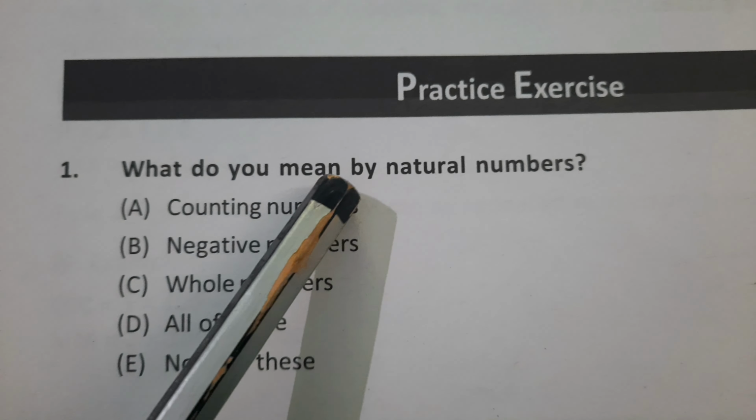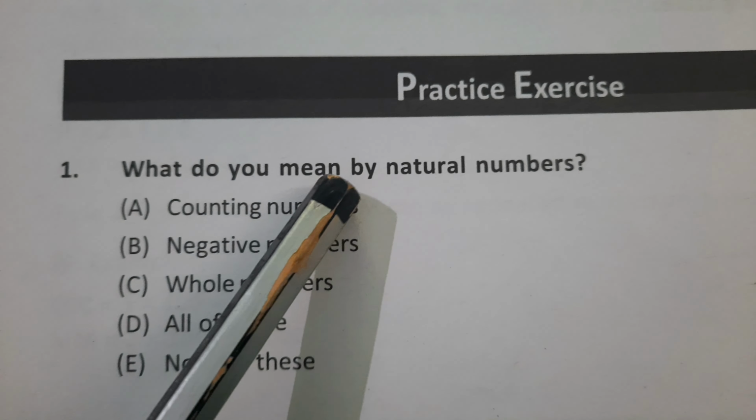I will be giving all the solutions only. Here, find the successor of the number which is equal to the product of this and this. So what will be the correct option? Option C will be the correct option.